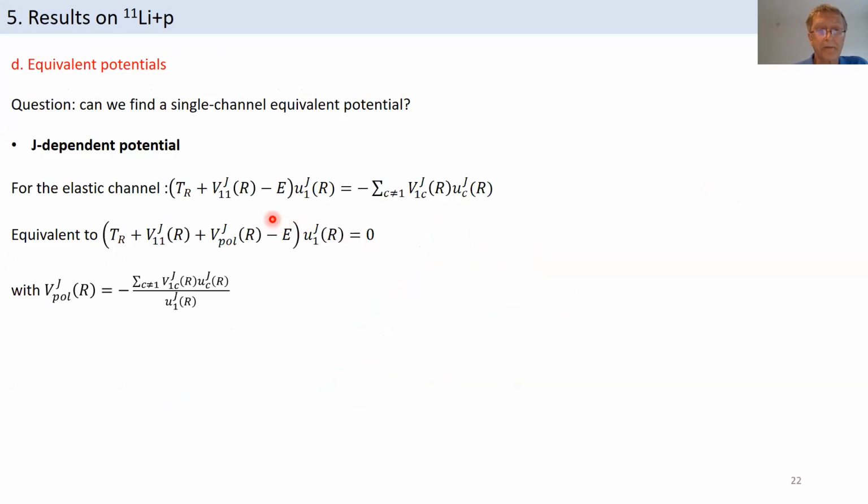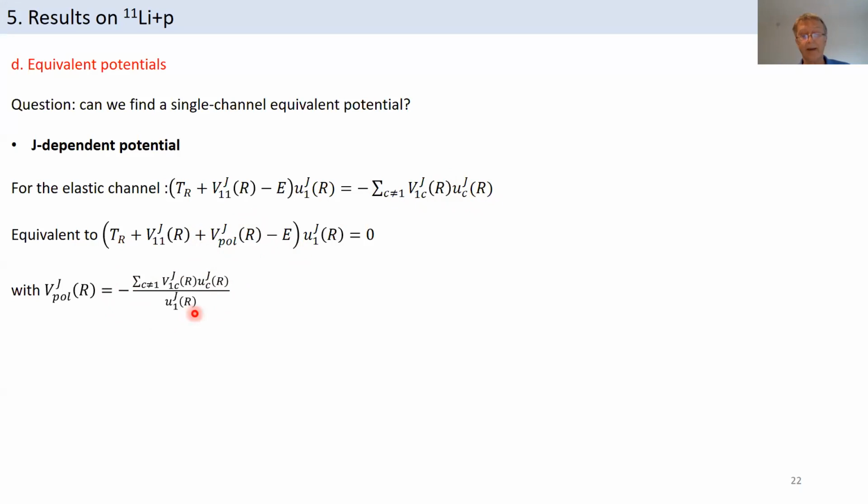And to do that, you rewrite the first equation of the coupled channel system as here. So you have the diagonal term, and here you have a contribution from the other channels. When you have solved the full system, you can compute this potential, which is called the polarization potential, and which is written here.